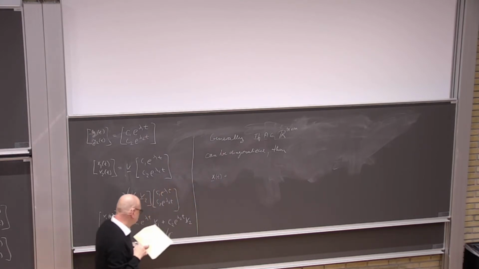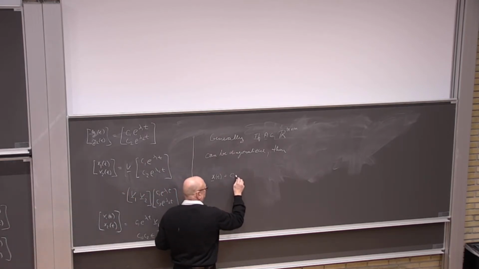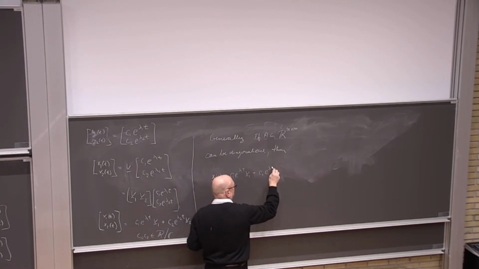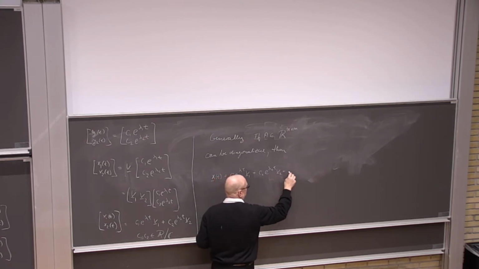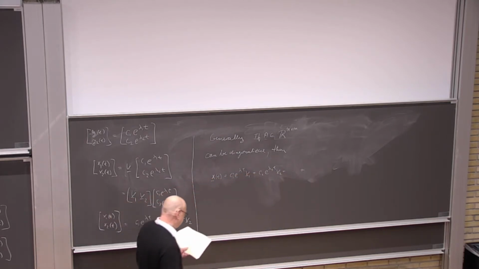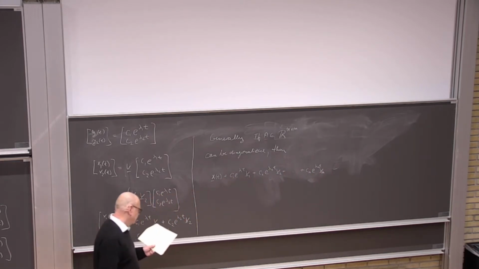You can write the solution as C1 e^(lambda 1 t) times the corresponding eigenvector, plus C2 e^(lambda 2 t), and then the eigenvector corresponding to the second eigenvalue, and then finally you have Cn e^(lambda n t) times this eigenvector.